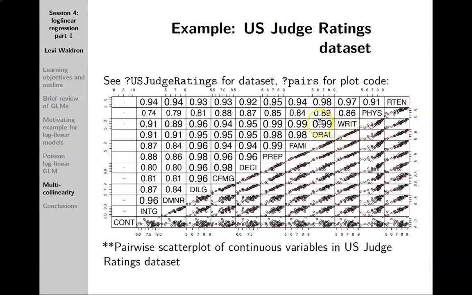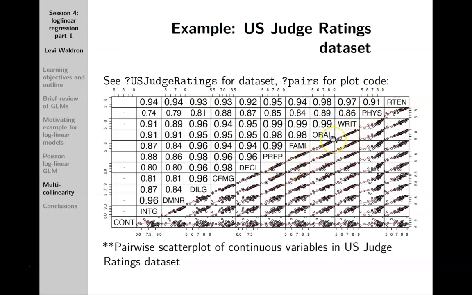This is in the opposite diagonal showing the correlations. That's a Pearson correlation of 0.99. So that is real multicollinearity. And in this case, what does it mean? I mean, there's a lot of it here. It means that the lawyers tend to give similar ratings on all of these different criteria.